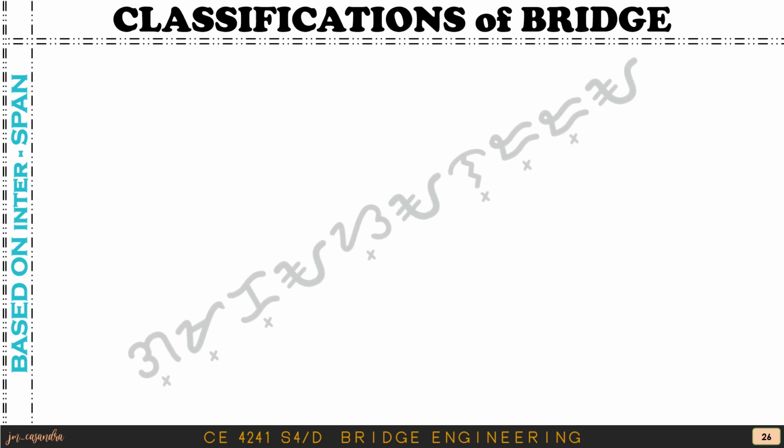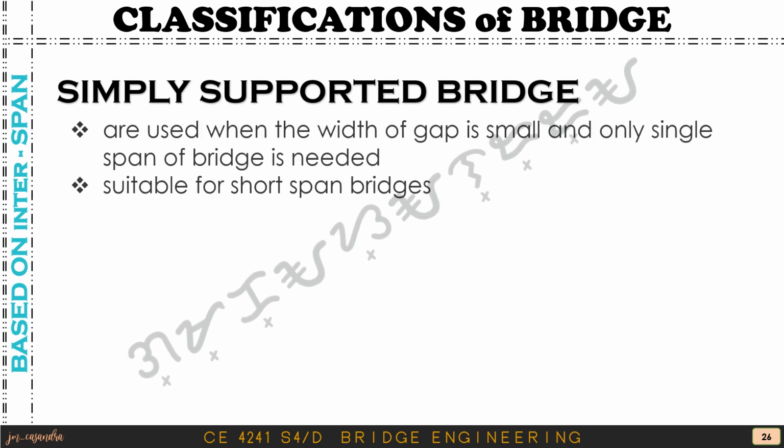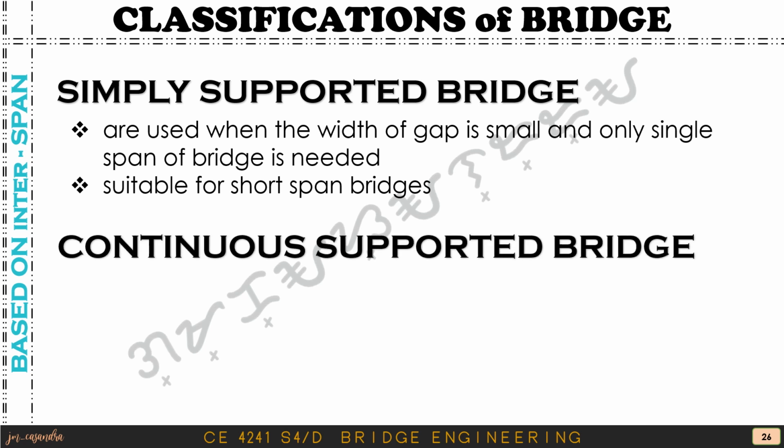Next, we have the classification of bridges based on interspan. The first one is the simply supported bridge, which is used when the width of the gap is small and only a single span of bridge is required. This is more suitable for short span or minor bridges.